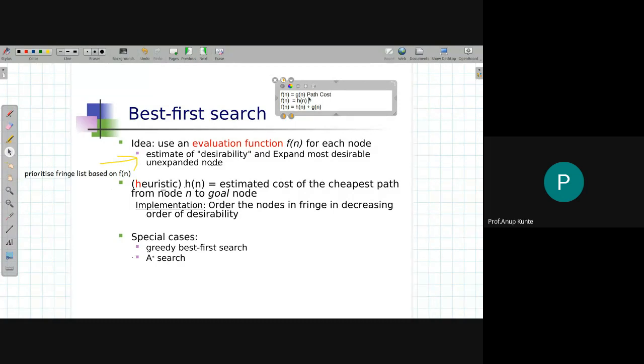Second way is to use a heuristic function, and the third way is to mix both of them, that is, use both of them. So these are the three ways I can have a best first search algorithm use f of n to prioritize the nodes in the fringe list and decide which is the most desirable next node to pick from the fringe list.